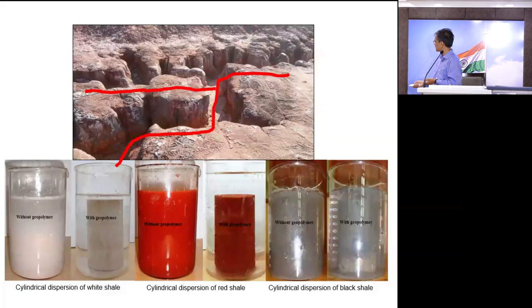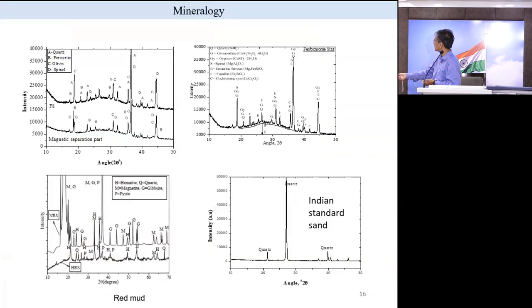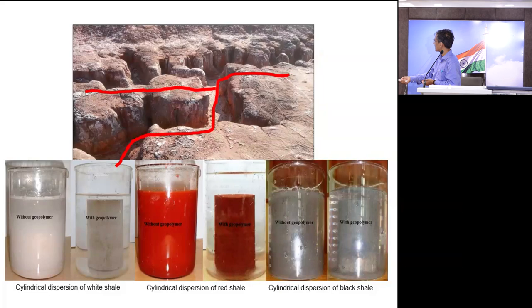Even in iron ore mines, you will see some white patches, and where this dispersion comes, there may be a hole. Well, that is in the iron ore mines, not in the tailings.